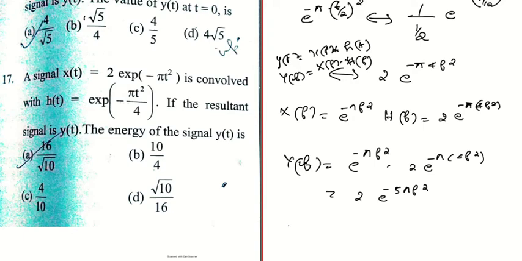And we can find out the question it is asked, y of t at t is equal to 0. So we can find out the inverse Fourier transform, that is minus infinity to infinity y of f into e raised to j into 2 pi f t df, right?